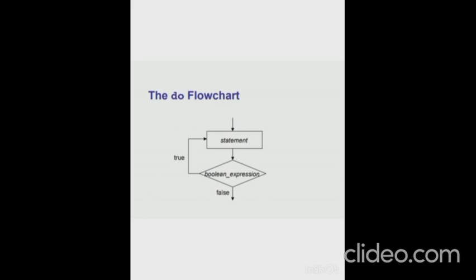When the condition becomes false, the loop will be terminated and the control goes to the statement that appears immediately after the while statement. Since the test condition is evaluated at the bottom of the loop, the do while construct provides an exit controlled loop, and therefore the body of the loop is always executed at least once.